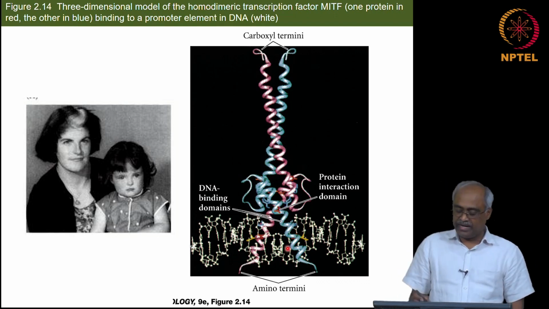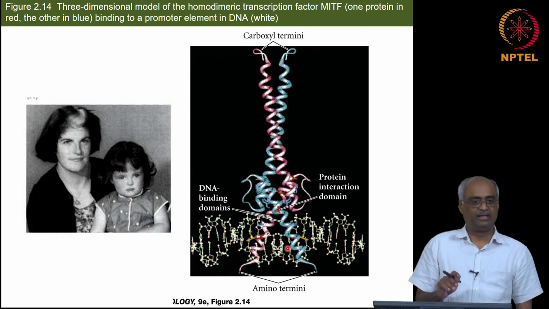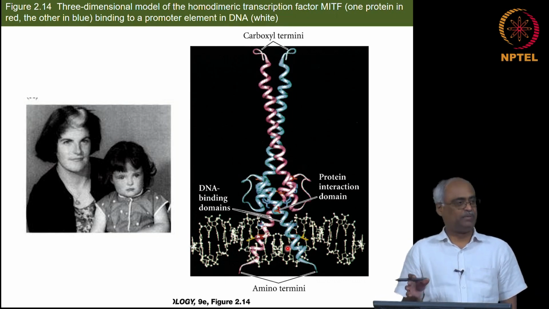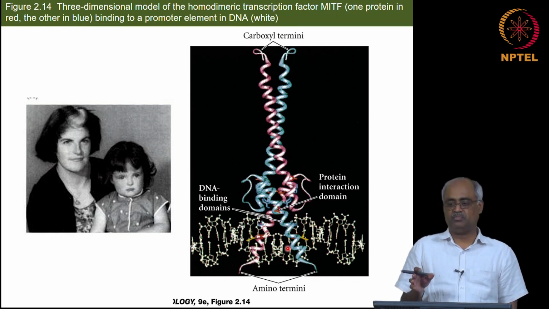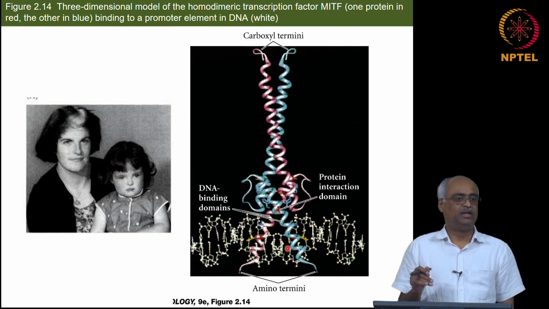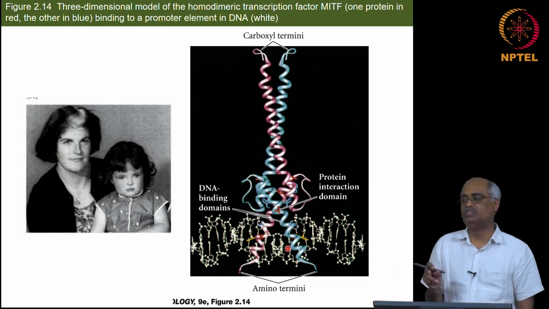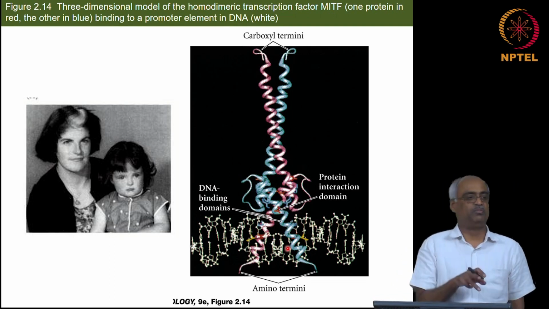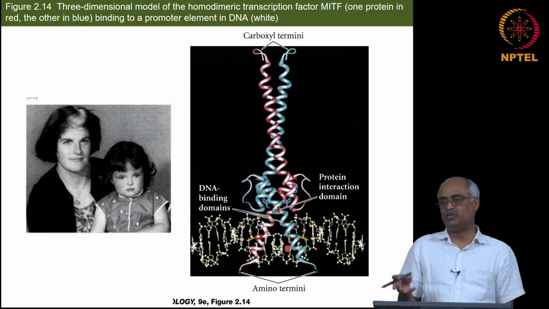There are different types of DNA binding domains, and based on that the transcription factors are classified into several classes, and within those classes small variations in the sequence might define which promoter they bind and which promoter they do not bind.